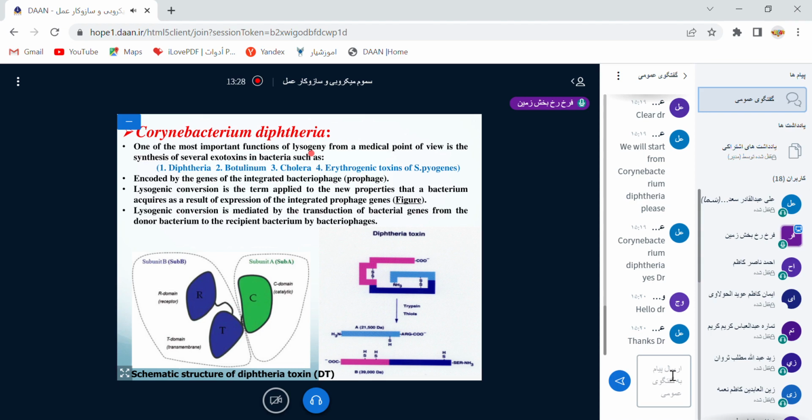Some viruses or bacteriophages can send their nucleic acid, and viral nucleic acid can join to the bacterial chromosome, which we call a prophage.